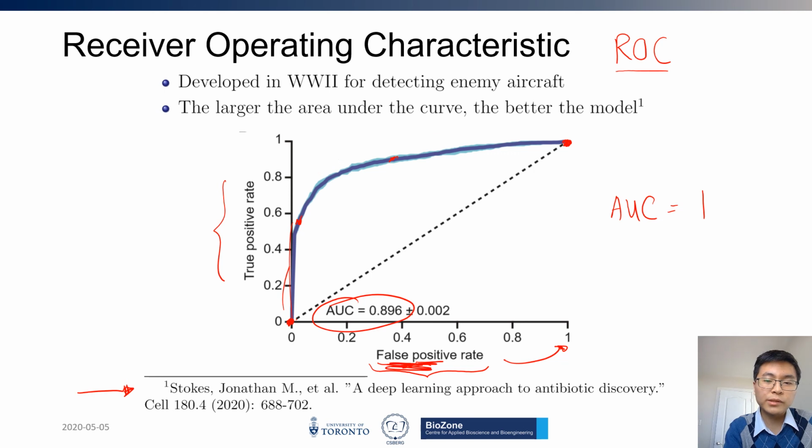So you need to seek a balance in between: how many false positives do you want and how many positives can you afford to miss. So for example, for antibiotics discovery, false positives have an expensive cost because if the model identifies a molecule to be positive, it will then have to go through extensive wet lab experimentation to see if it's actually positive.